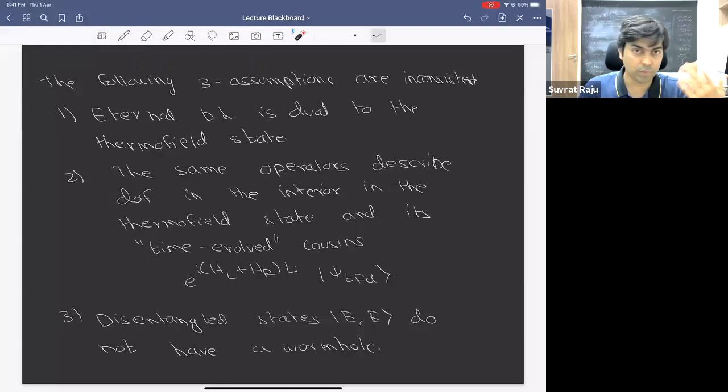So if you believe the basic duality, if you believe that you should have state independence, which is what led to the paradoxes for the large black holes, and if you believe that disentangled states do not have a wormhole, then we will run into a paradox even for the eternal black hole.